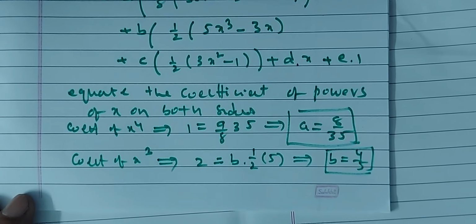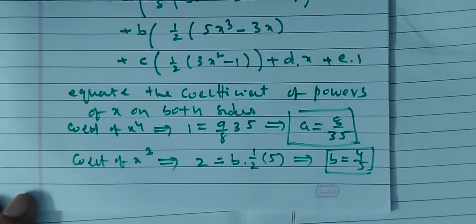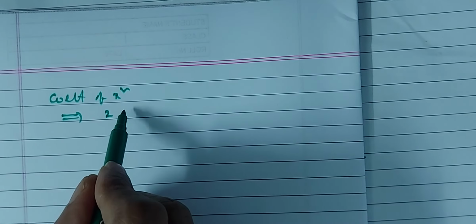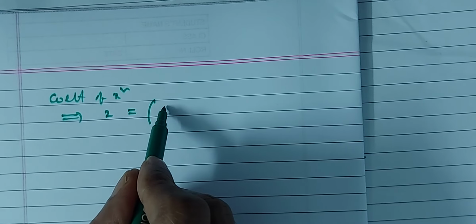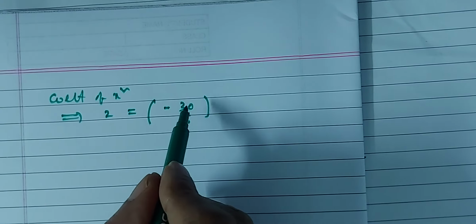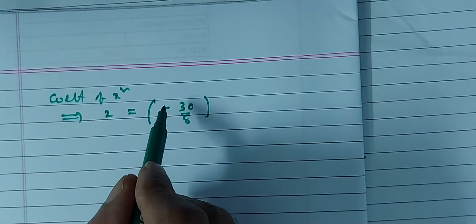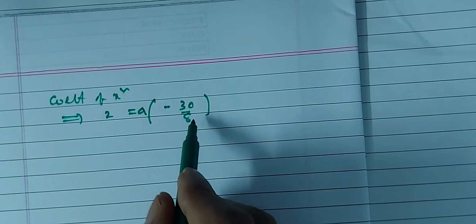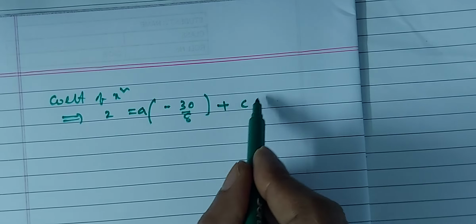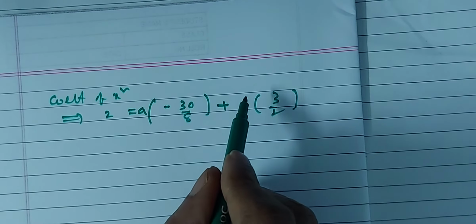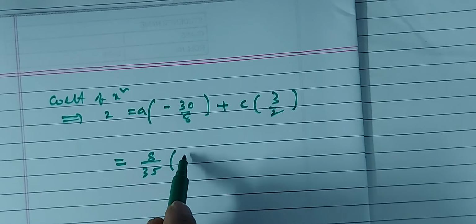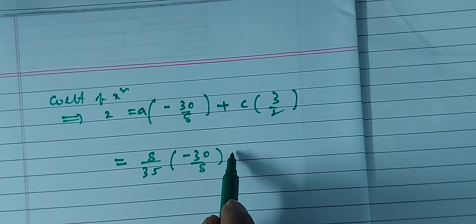Next, coefficient of x square implies 2 is equal to a into minus 30 by 8 plus c into 3 by 2, is equal to 8 by 35 into minus 30 by 8 plus 3c by 2.